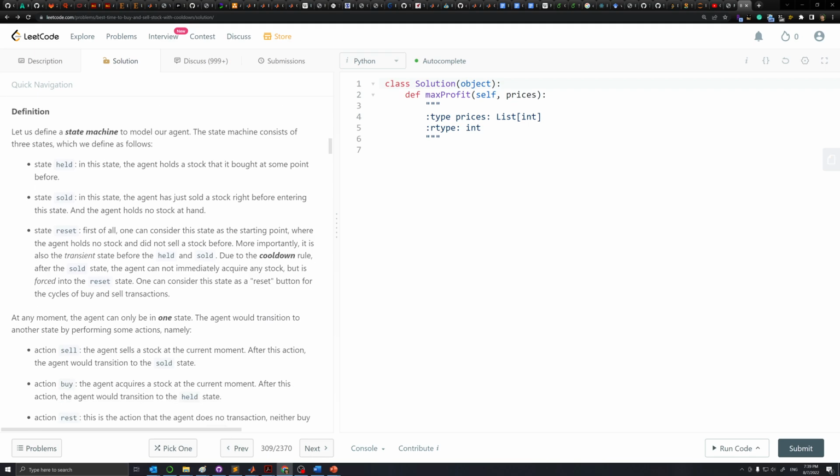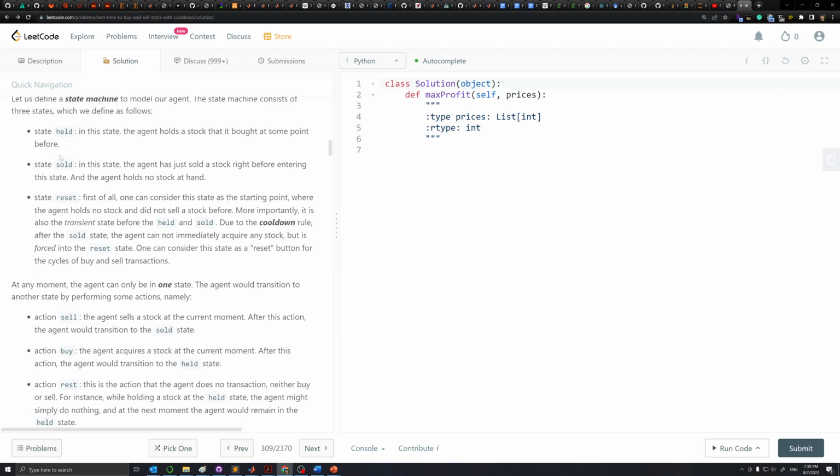All right, definition. State machine has a state. It could have held, sold, reset. So held is when you already bought something and you're holding on. Sold is the state where the agent has just sold a stock right before entering the state, and the agent holds no stock at hand. It's like the day of selling, right?